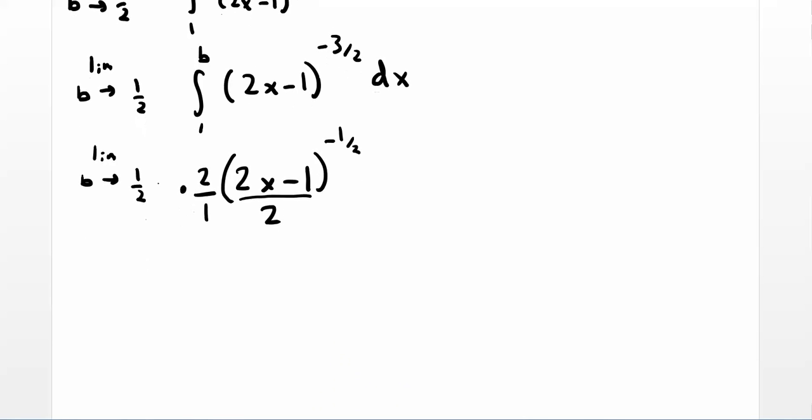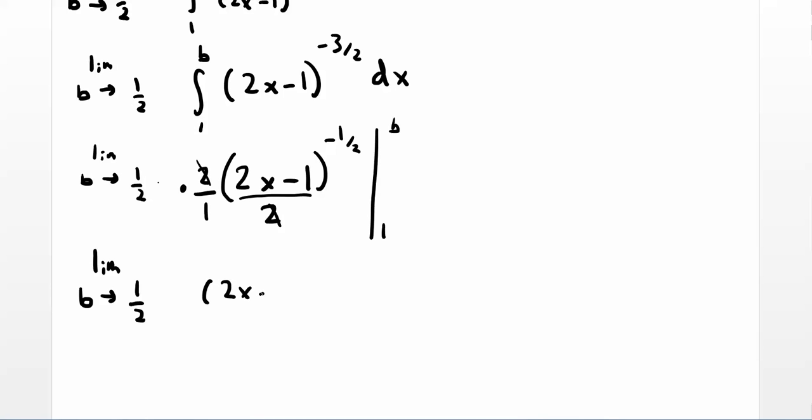We'll clean this up a bit. We're going to evaluate it from 1 to b. Cancel these 2's. We'll just have 2x minus 1 to the negative 1/2, evaluated from 1 to b.